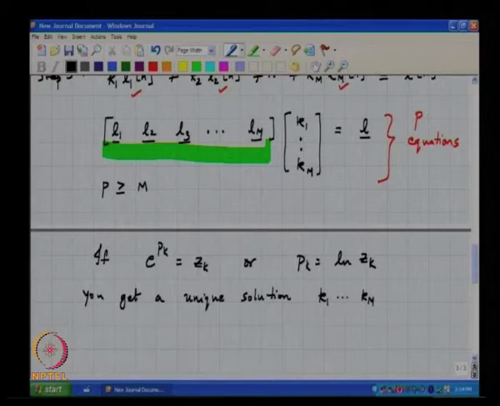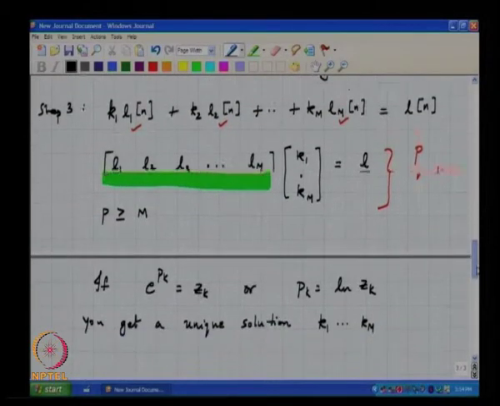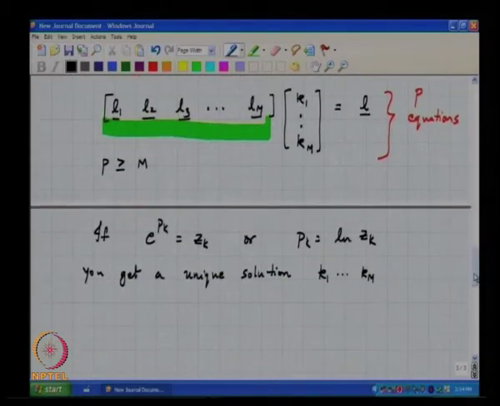So, this is a very straightforward way of doing things. If of course the pulse has some simple form, like a combination of rectangular pulses or whatever, then you can even do this by hand. Of course, if you have a lot of equations, it gets messy, but it is fairly straightforward.